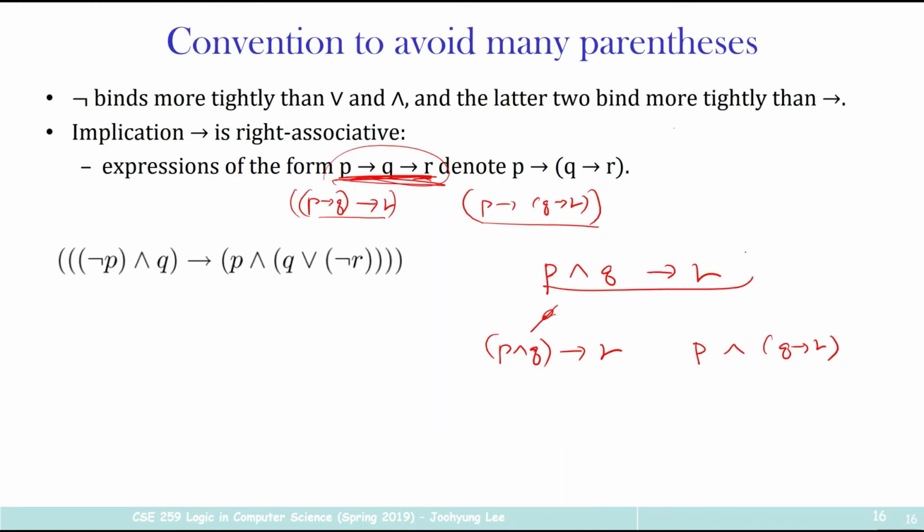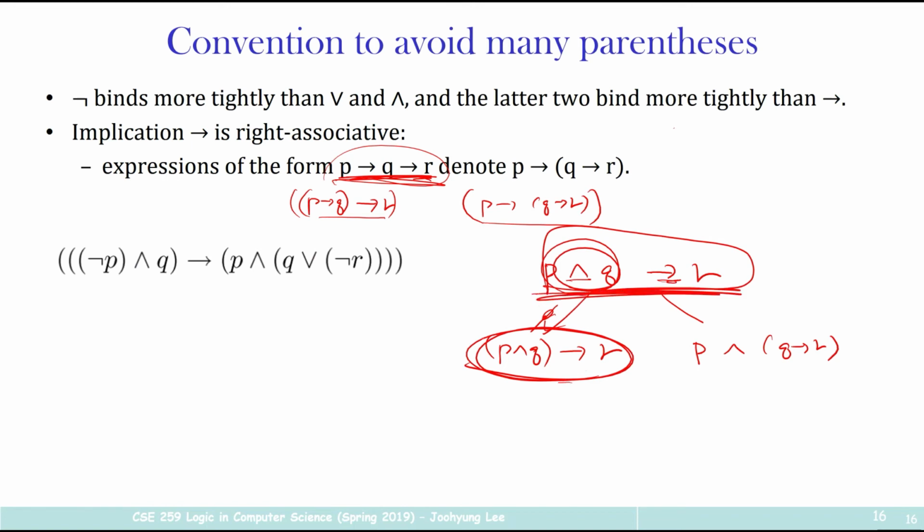So this string can be ambiguous if we don't use the parentheses. But our convention is that conjunction binds more tightly than implication, so we'll understand this string as this one, not the other one.